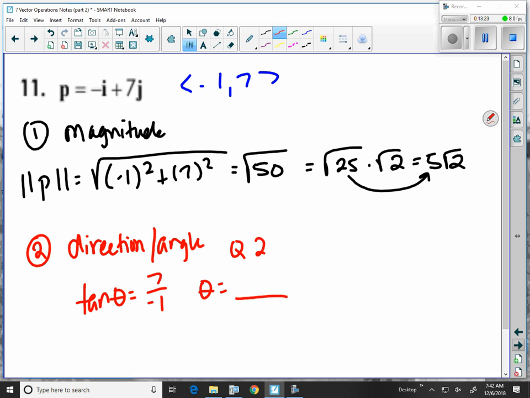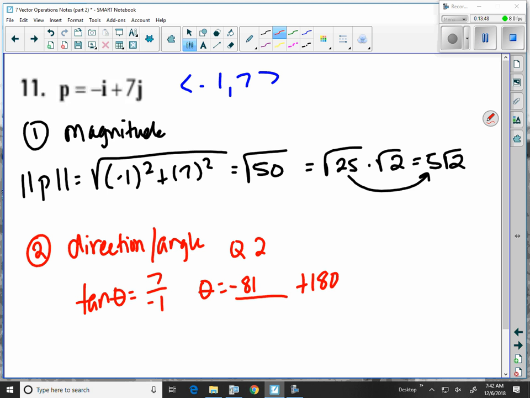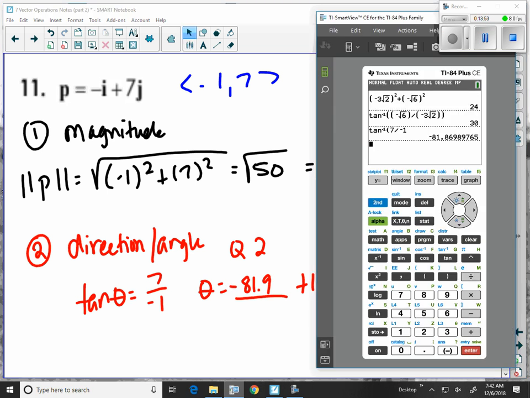So whatever we get, we're going to add 180 to it. We'll just call it negative 81.9. Add 180, so our angle is 98.1.